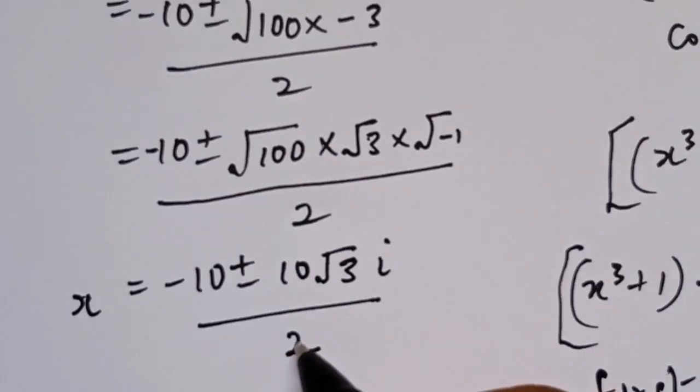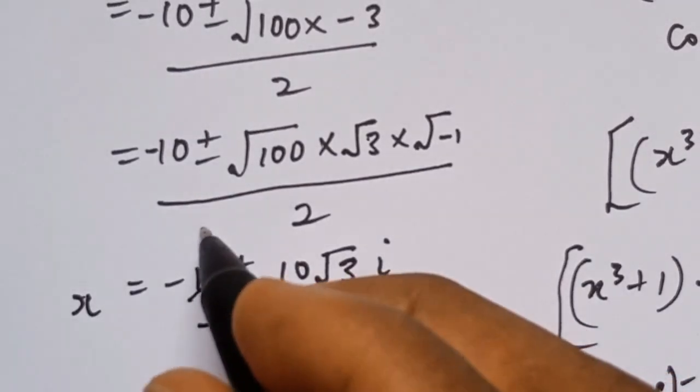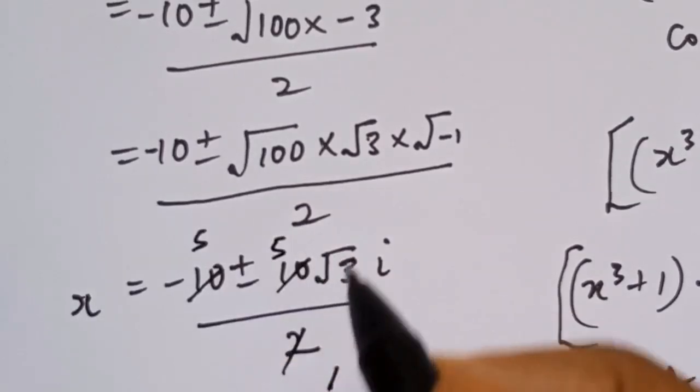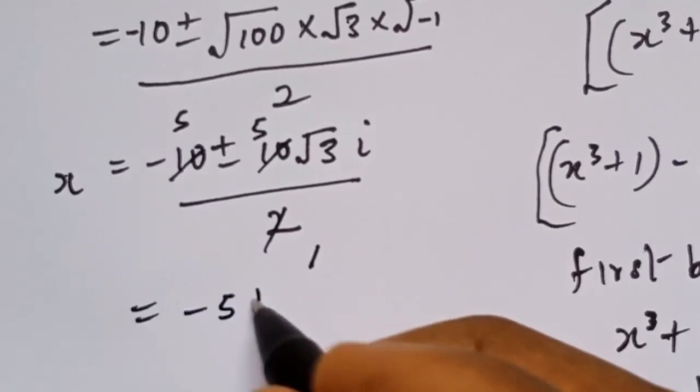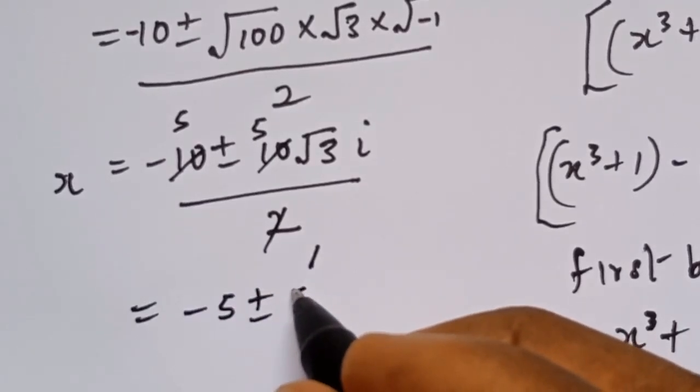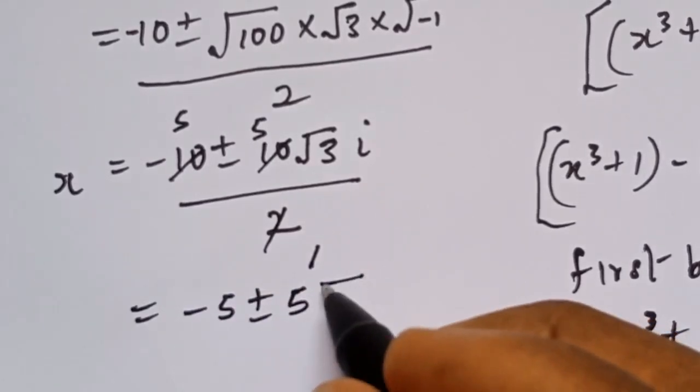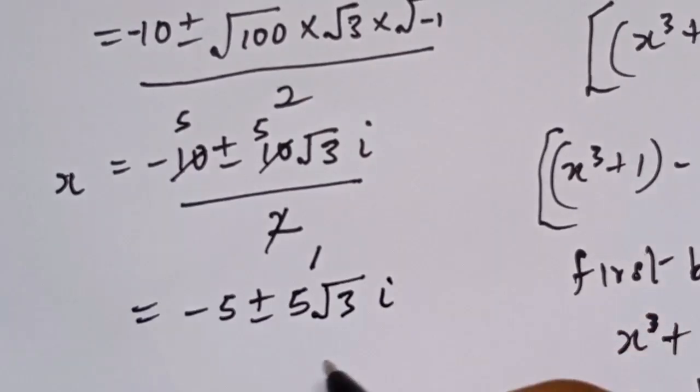So we can divide by 2: 2 into 10 is 5, and 2 into 10 is 5. x will then equal minus 5 plus or minus 5 square root of 3i.